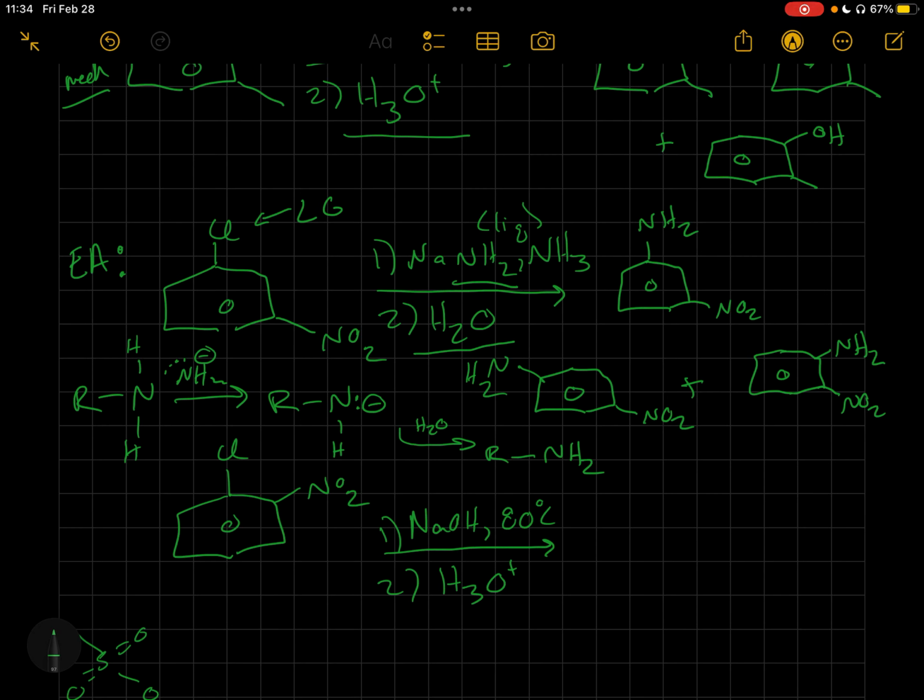If we used acid instead, remember, we can protonate our amines and turn them into quaternary amines with a positive charge. So that's why when we use amines for our nucleophiles, a lot of times you will see water being used as the aqueous workup so that you don't overprotonate and put a positive charge on the nitrogen.